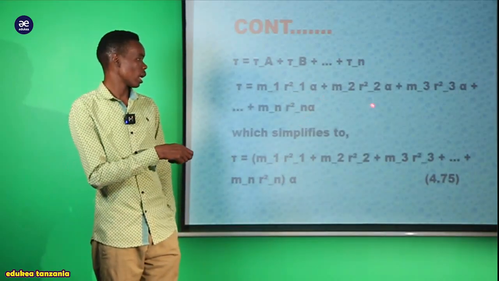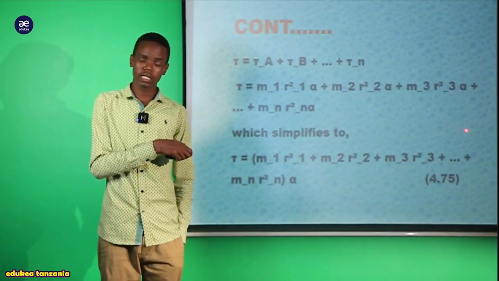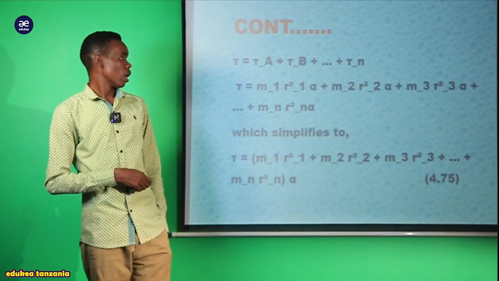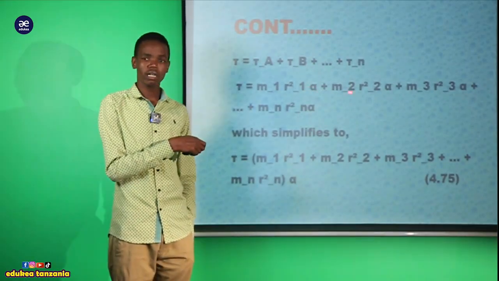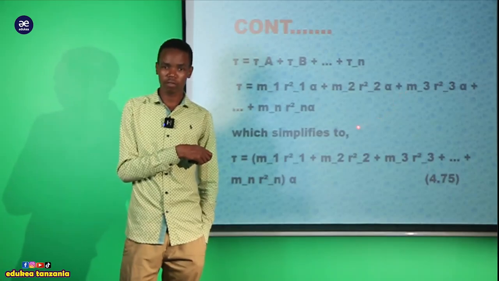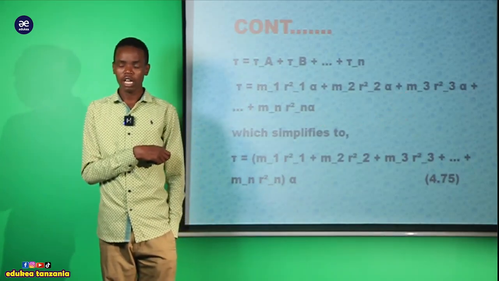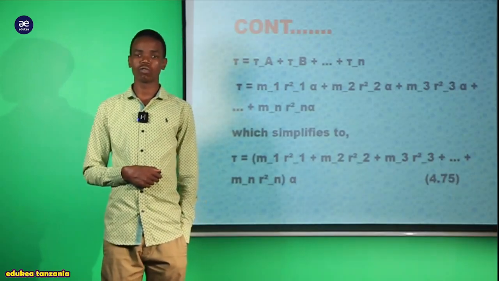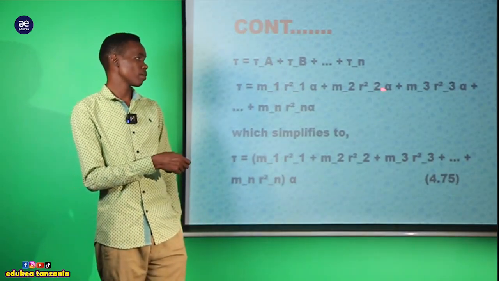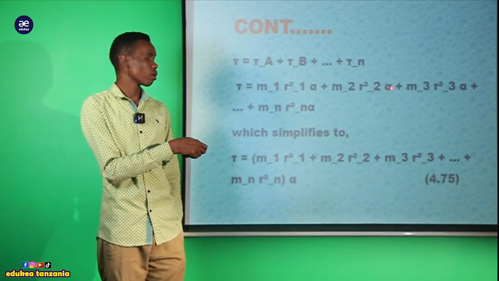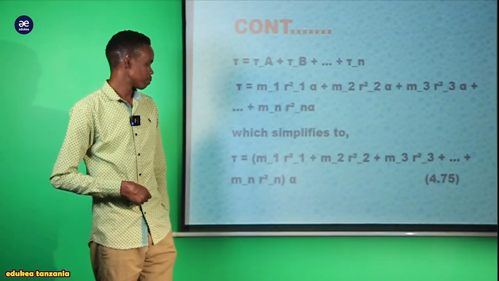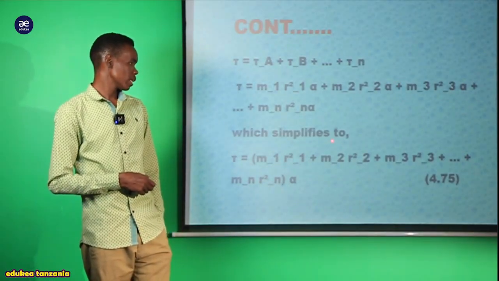Now we could say up to the nth term. If we simplify this, we see that this angular acceleration is a constant for every particle. If it is constant, we are supposed to factor it out. So we factor this angular acceleration out because it is the same for all, which simplifies to this.